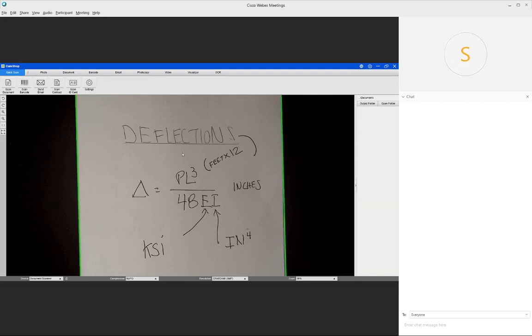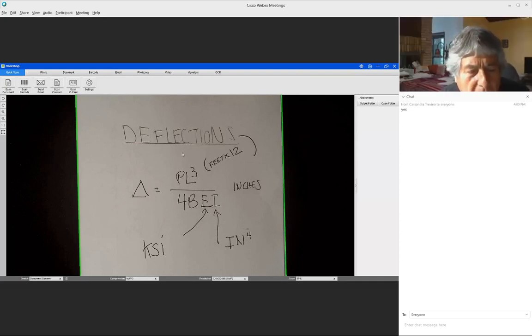All right, this week we're gonna do deflection. I just want you to understand and remember that whenever we're talking about deflection, the EI, the modulus of elasticity and the moment of inertia, are always going to be at the bottom of whatever formula or equation we have. Always gonna be the EI.